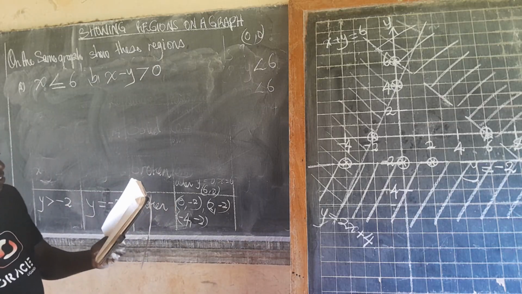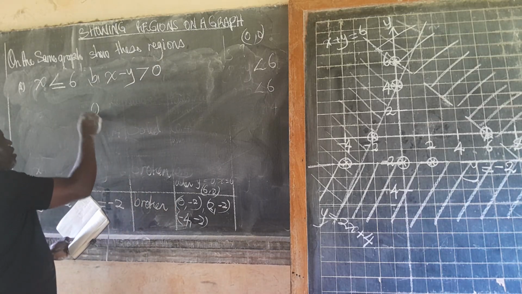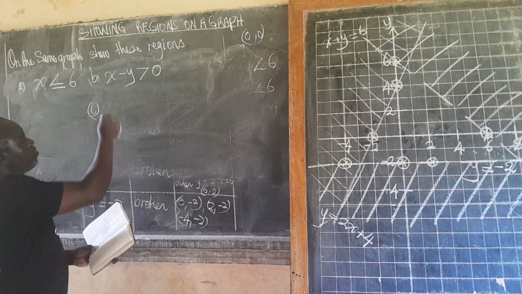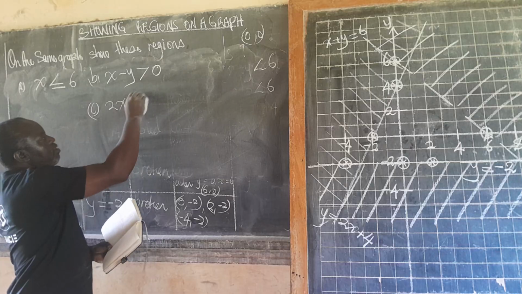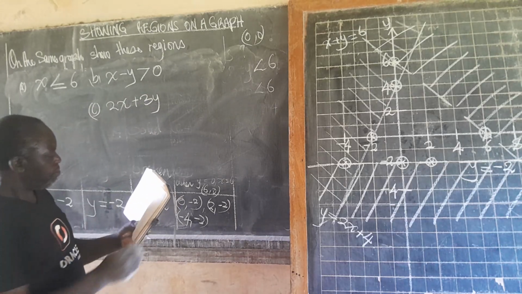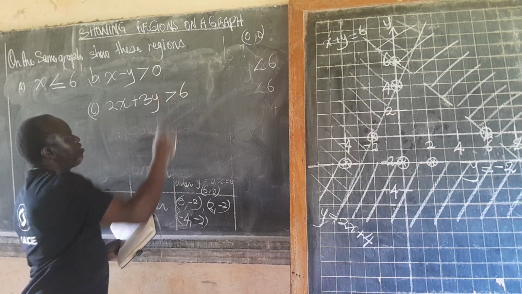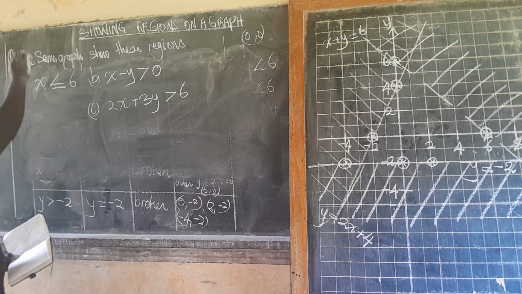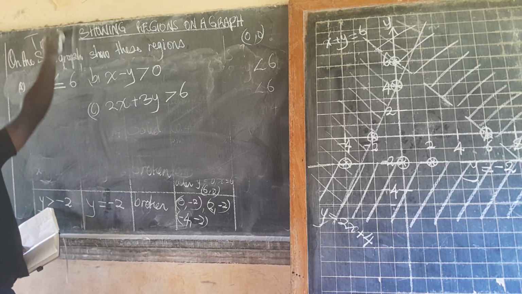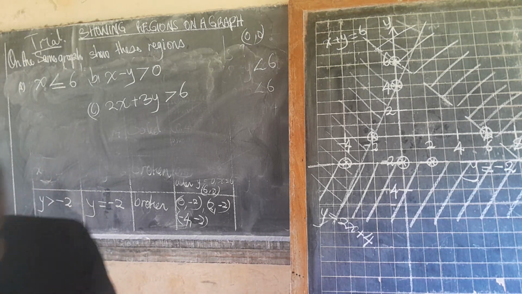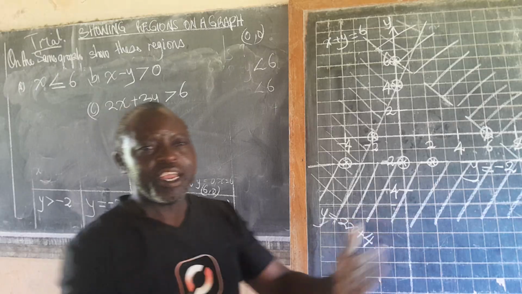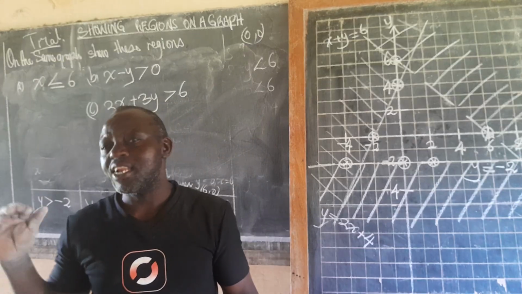Then the third region, C, is 2x plus 3y is greater than 6. Don't forget, this is the triangle. Now I believe that with what we've shared with you, at least you can handle the number.